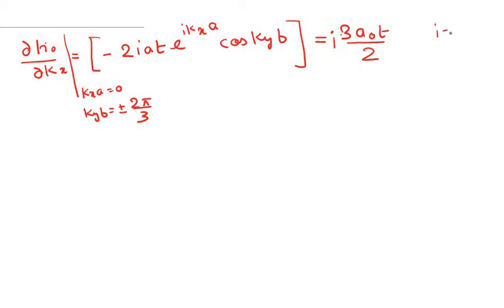Okay, so this is a complex number basically. This 3a0 by 2, this part is equal to a. Okay, so we can also write it as I a t.